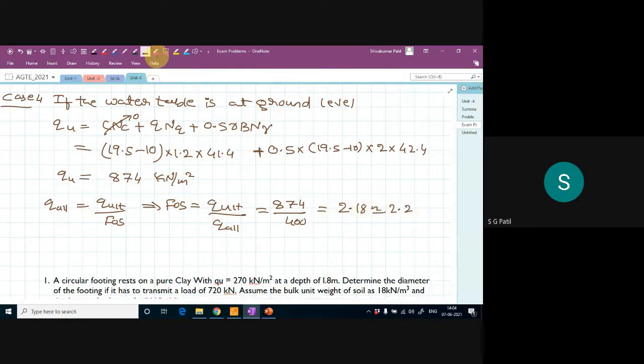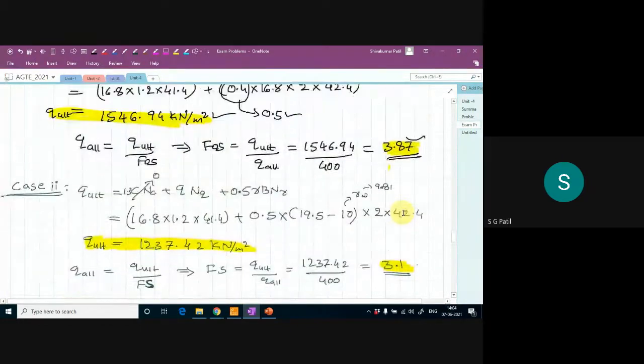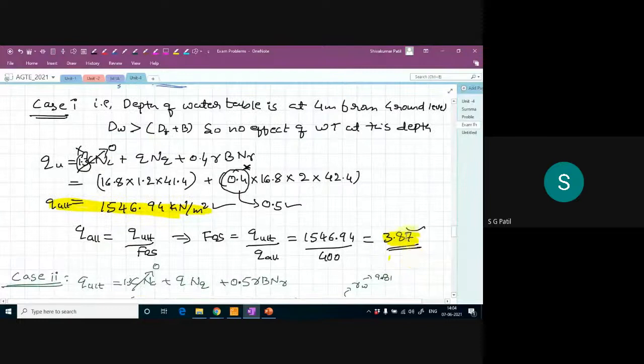You see how much it is reduced from case 1. Sorry, this is my case 4. In case 4, where the water table is exactly at the ground level, I'm getting a factor of safety of 2.2. But if there is no water table at all, which is my case number 1, it was 3.87.